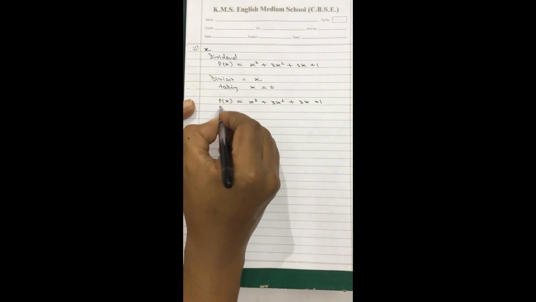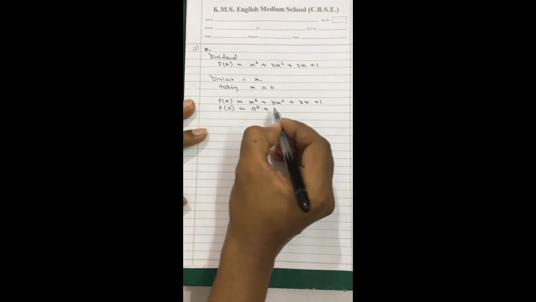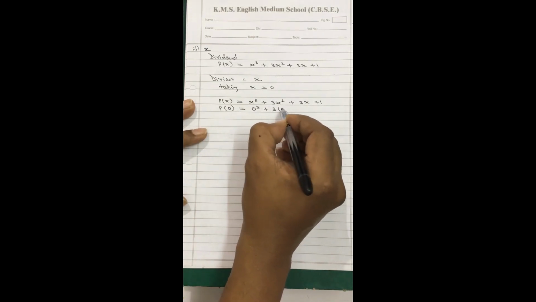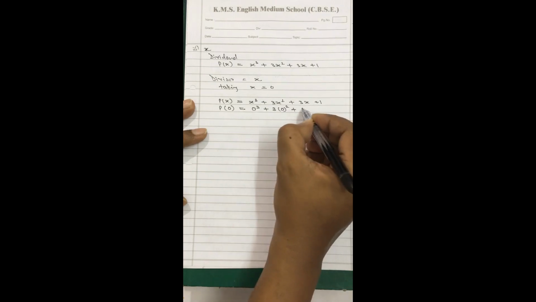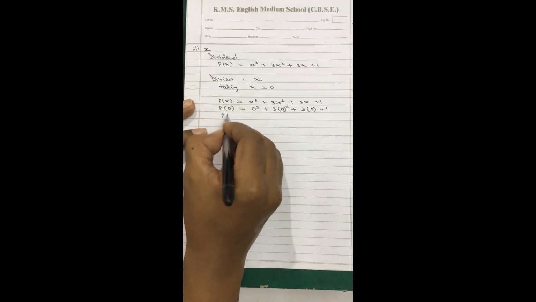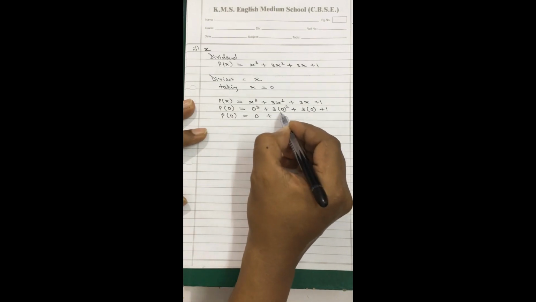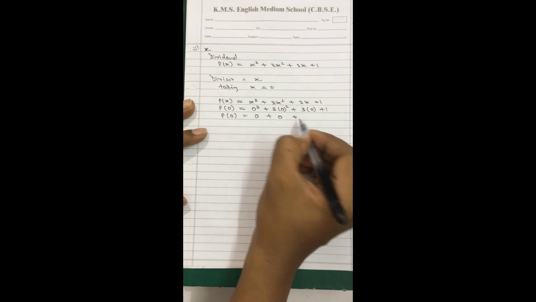So p of 0 will be equal to 0 cube plus 3 into 0 square plus 3 into 0 plus 1. So what do I get at that time now over here? 0 cube will be 0, 0 square will be 0, and 3 into 0 again will be 0, and this also will be 0.